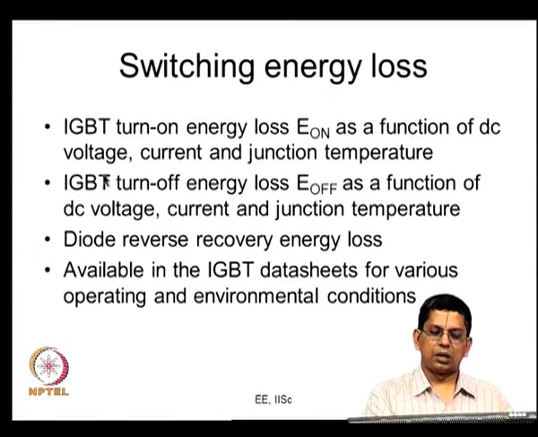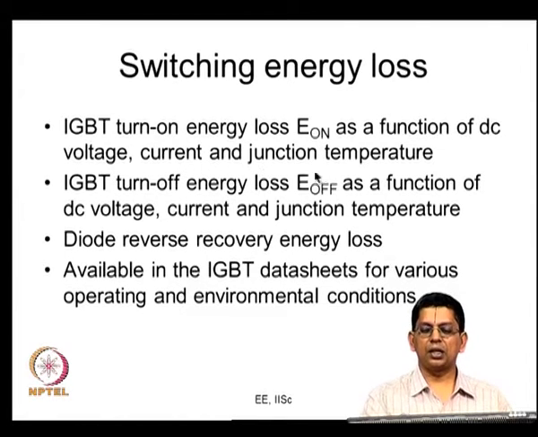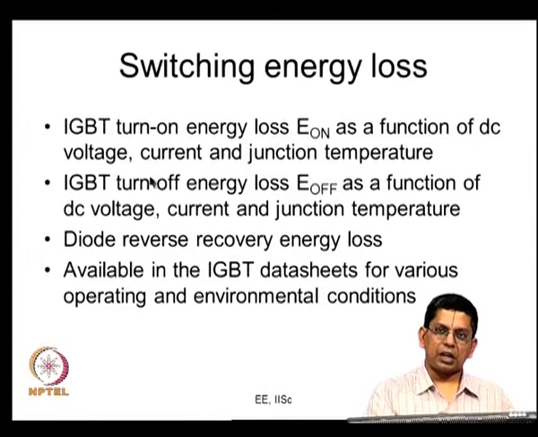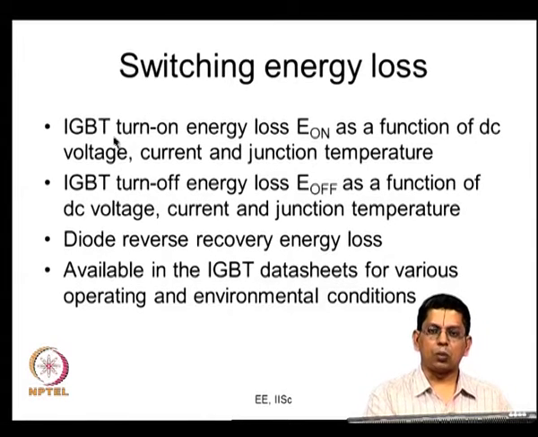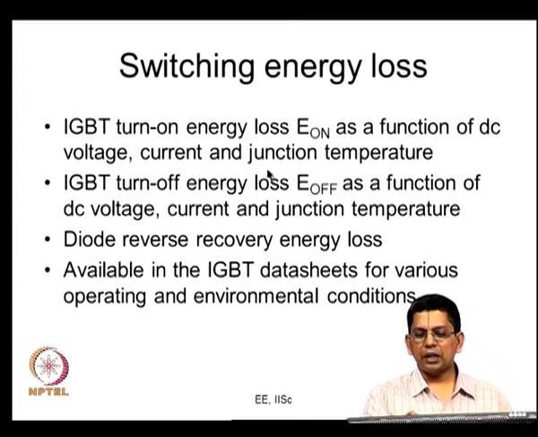So it depends on the DC voltage, the current, the junction temperature, and the device transition times. Here I am talking of a particular IGBT. So for a given IGBT, if you switch it at higher voltage, you would expect E on to be higher. Similarly, if you switch it at higher current, you would expect E on to be higher, and junction temperature also has an influence on that.